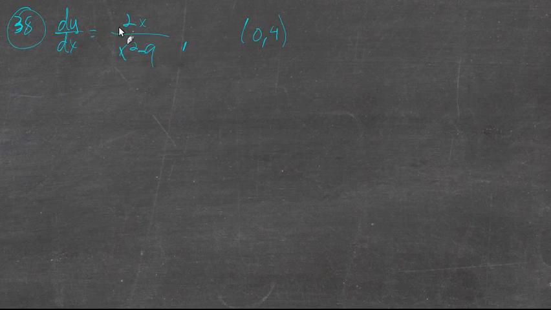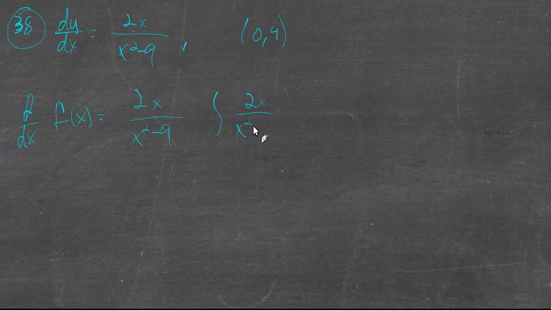I take the derivative of something, and I get 2x over x squared minus 9. So how do I go back and find f of x? That's what antiderivatives are, right? That's what indefinite integrals are. So if I take the antiderivative of 2x over x squared minus 9, I haven't forgotten about the 0, 4, I'll explain it here in a second, that will give me f of x, right?